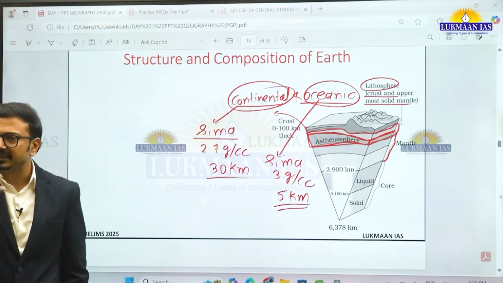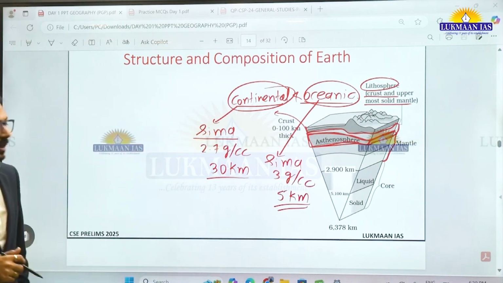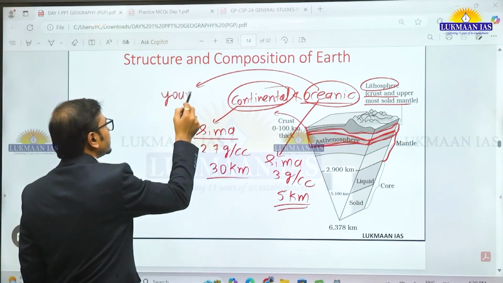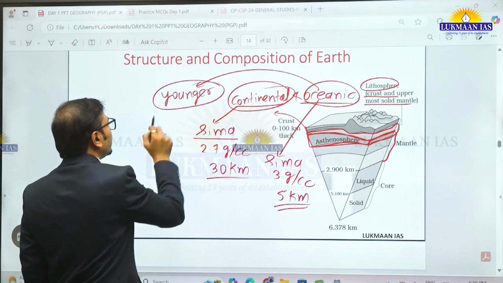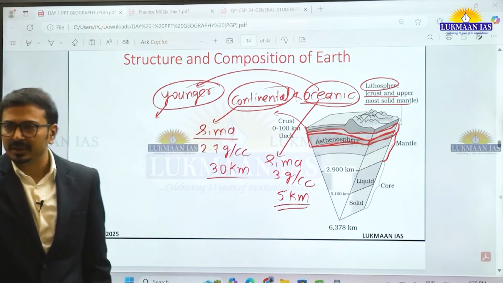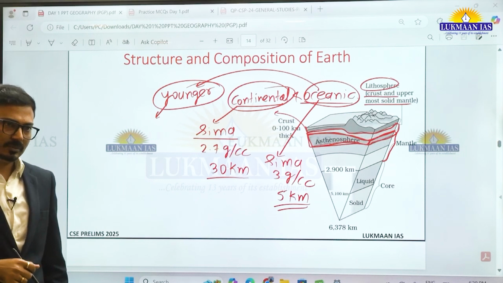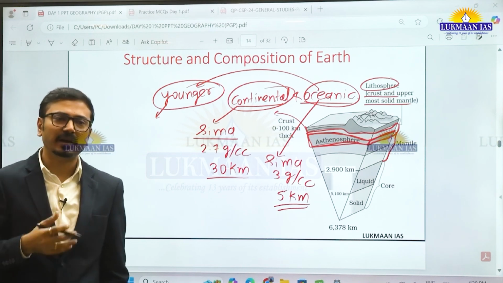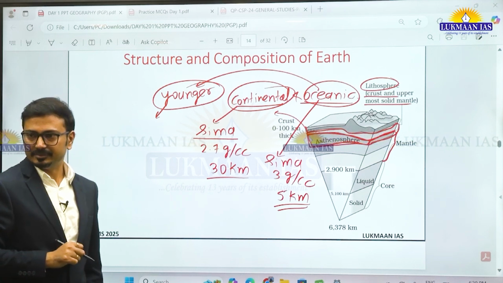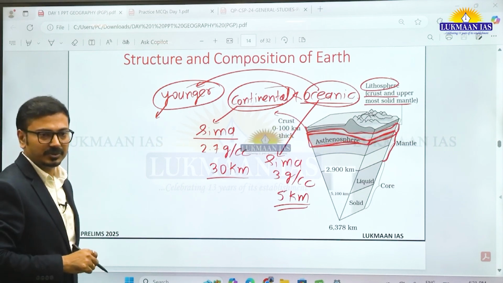Less thick, it is thinner, oceanic crust. Also, it is very younger as compared to continental crust, younger. Nowhere around the earth it is more than 200 million years old. Okay, so it is younger than continental crust. ये भी हमें समझना है. Okay, there can be question in prelims.